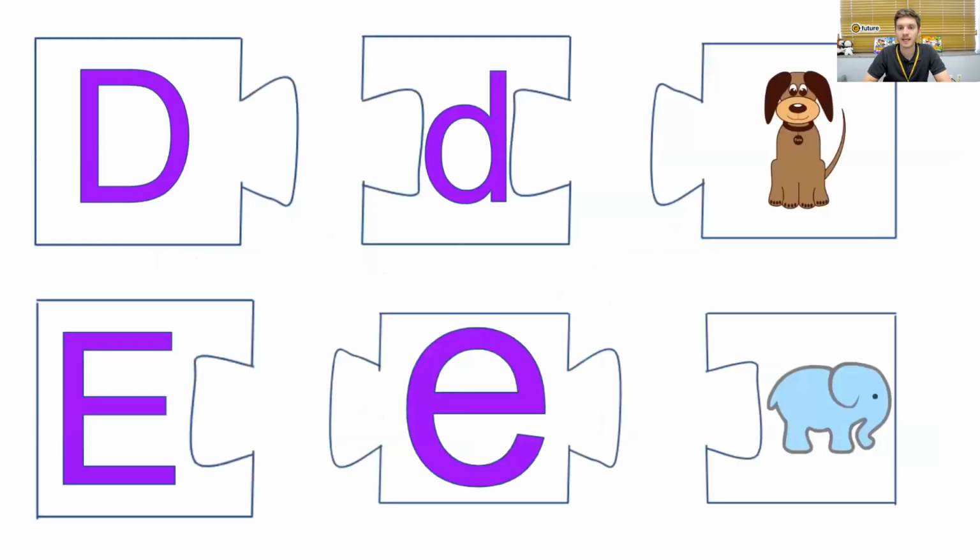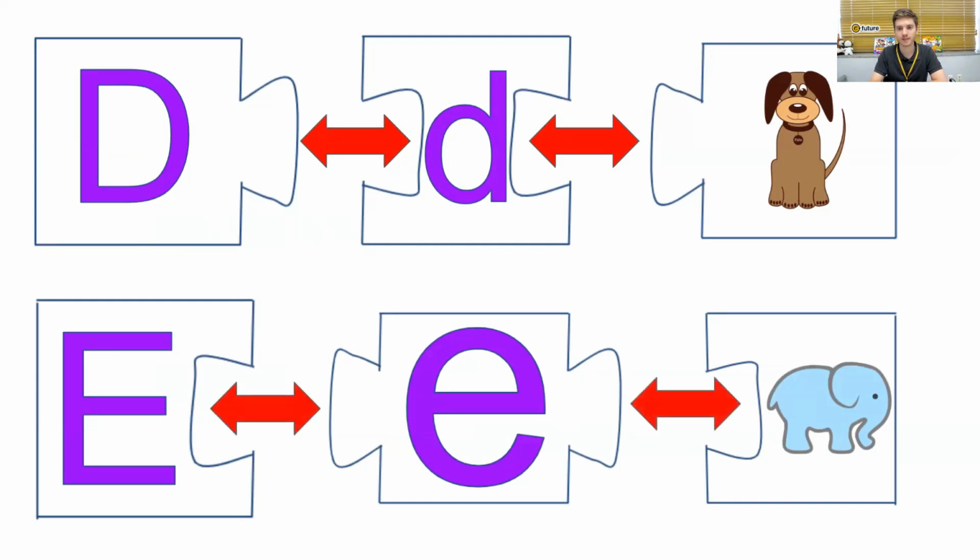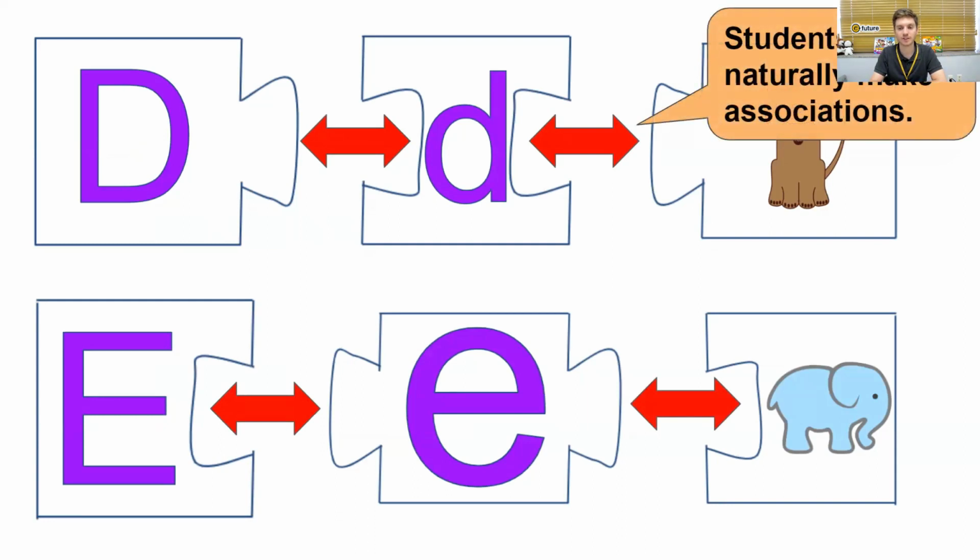Okay, so if you can make some puzzle pieces and draw uppercase and lowercase letters on them, and a matching picture word image, you can have students make puzzles like this, right? And it helps them make natural connections and associations because they can see the shapes go together, and then they can identify and recognize the uppercase and lowercase, and they can see which ones go with which other letter and picture word. Okay, so something like puzzle pieces, yes, they naturally make associations.